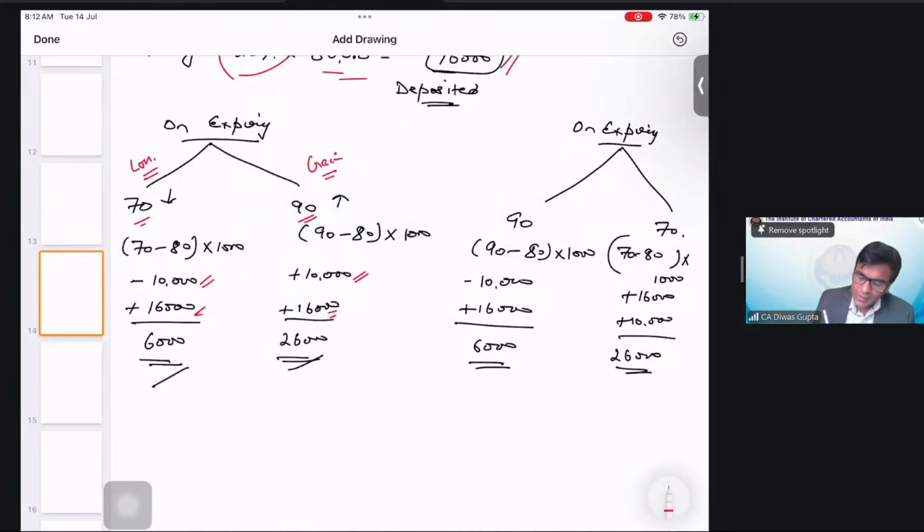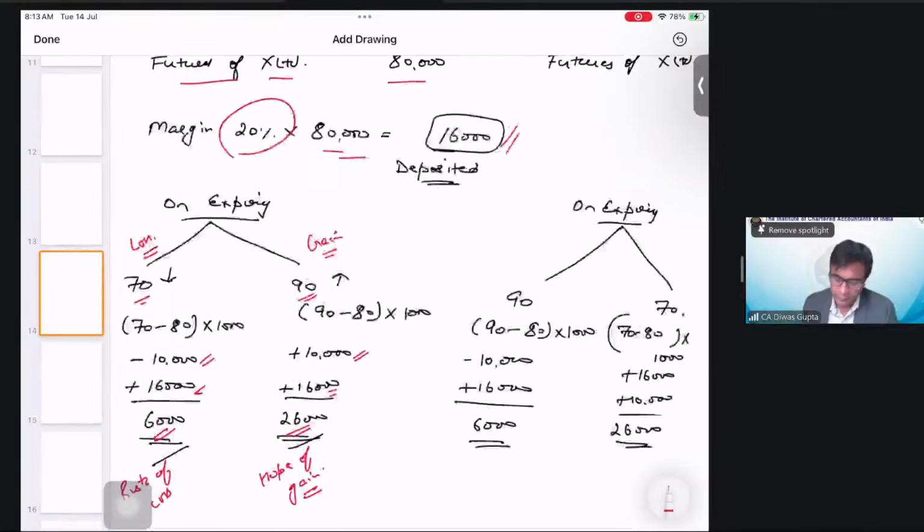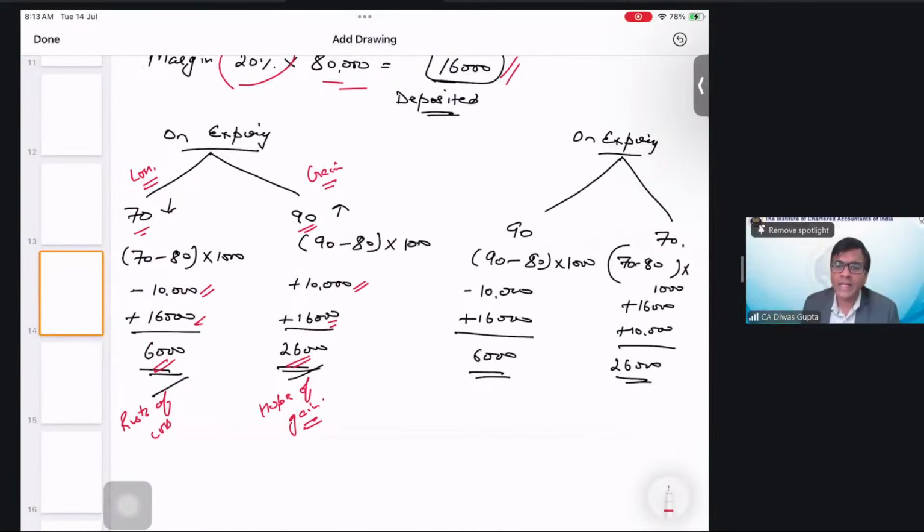So this 6,000 and 26,000 becomes the overall cash flow at the expiry. Clear? So here, this is the risk of loss. And here there is hope of gain. On expiry, there is a risk of loss and there is a hope of gain.